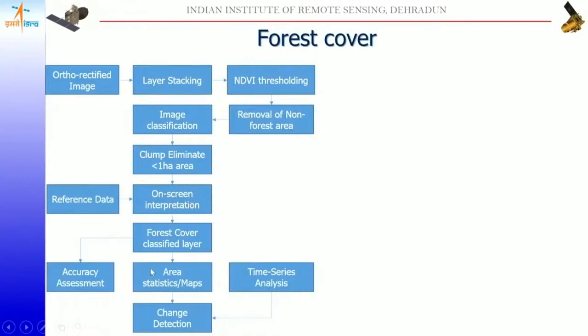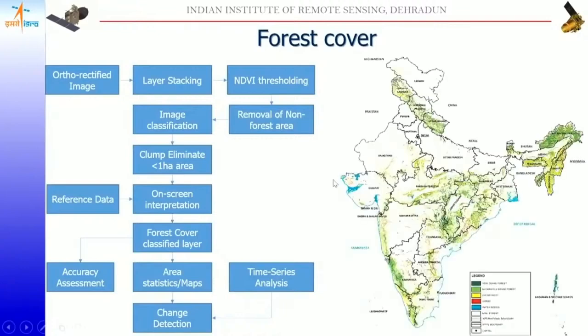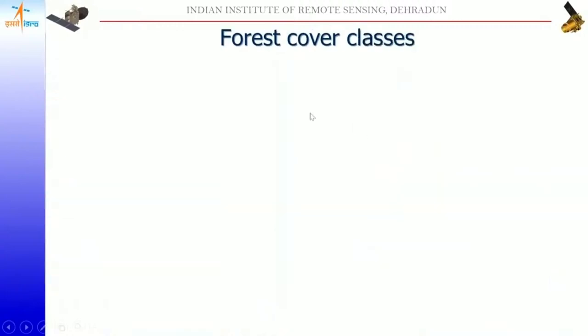Then we classify the different density and canopy cover classes of the forest. Based on time series data, we can also do change detection of the land cover classes and the total forest area over the landscape. So this is one example of the forest cover of India as per the recent assessment cycle of the Forest Survey of India.